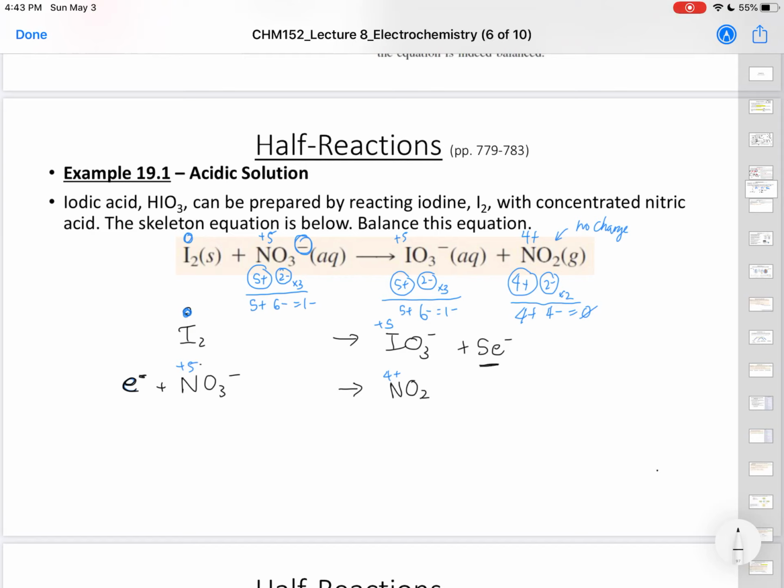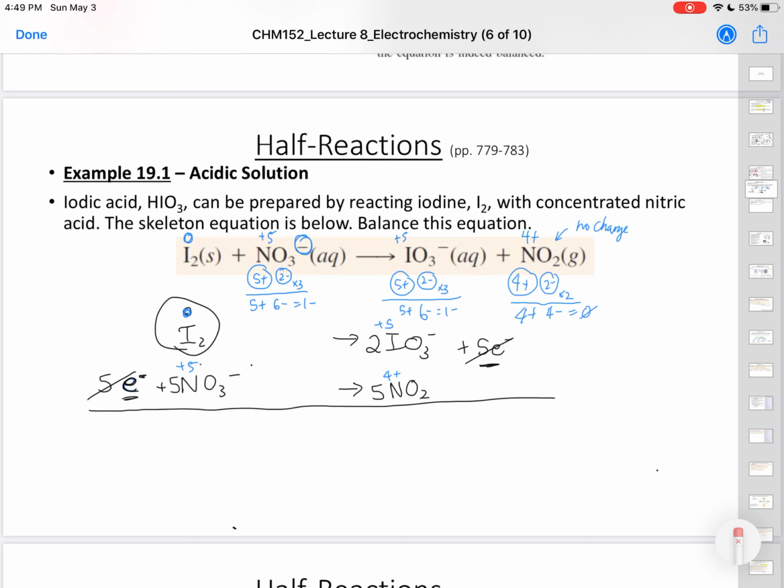So let's do this. We've got 5 electrons here. We've got 1 electron here. We need to multiply this by 5, 5 and 5, so that everything is balanced that way. All right. So now let's bring everything down. Okay. So these cancel out.